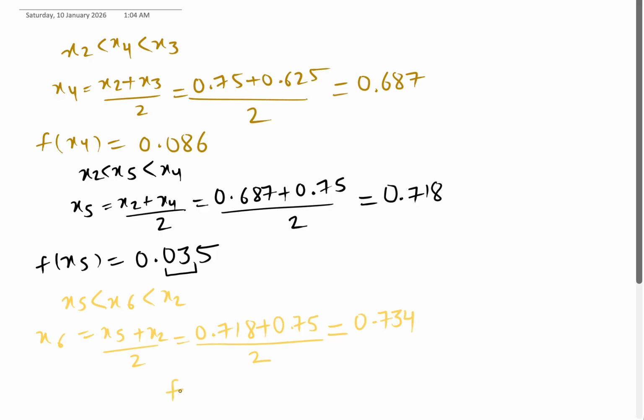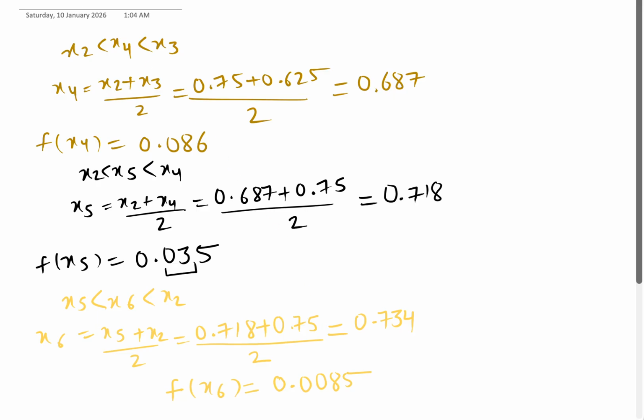Now we need to calculate f of x6. So this will be cos 0.734 minus 0.734. Good. Now we have got 0.0085.